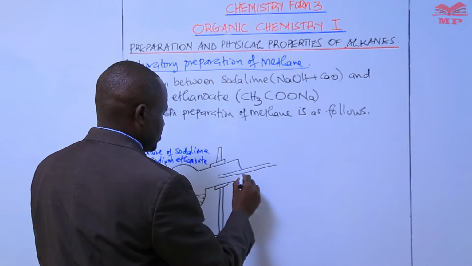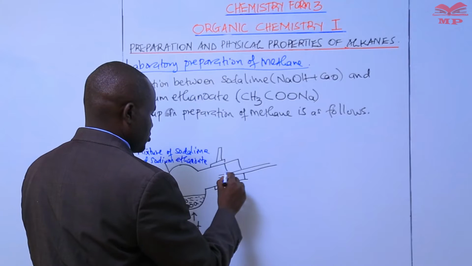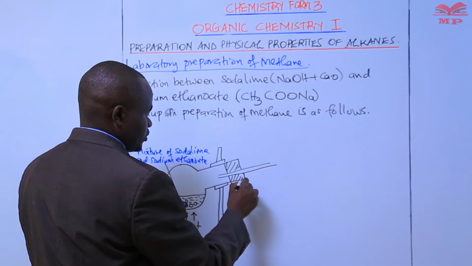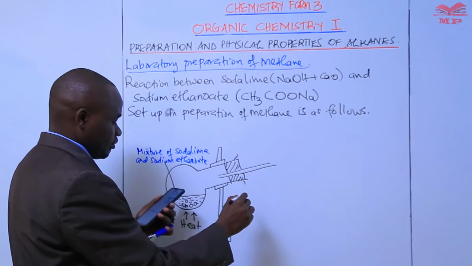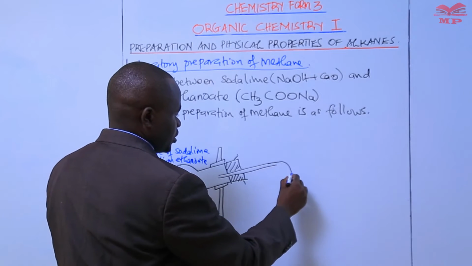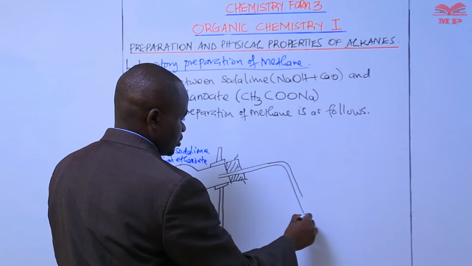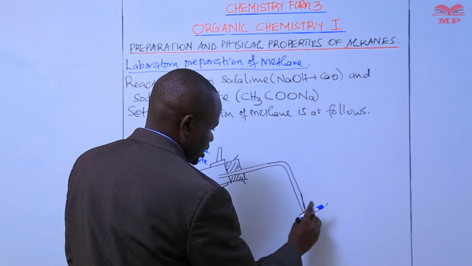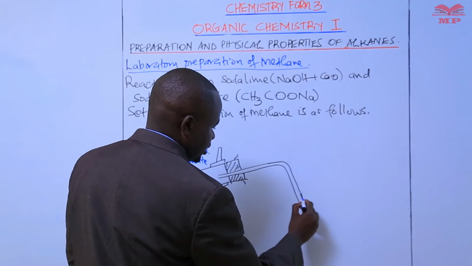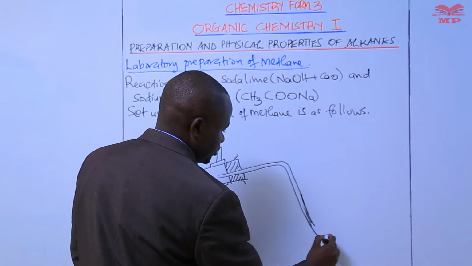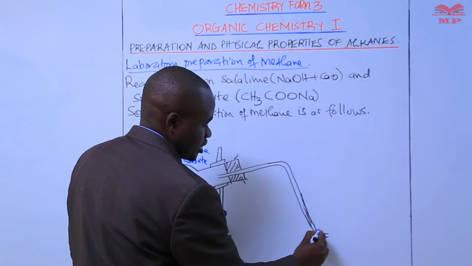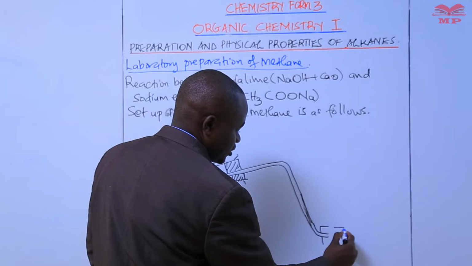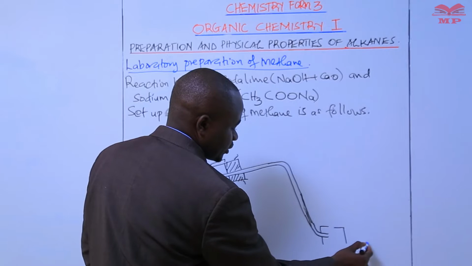We are going to see the products that are formed as a result of heating. So we have our delivery tube. That delivery tube is connected to the normal beehive shelf, and the beehive shelf is put just under a gas jar, the gas jar where we shall collect the gas.